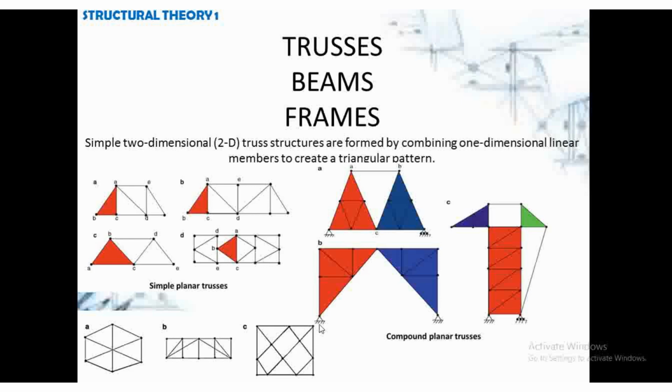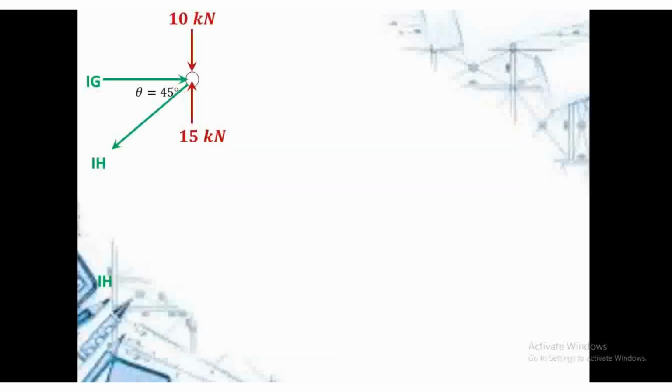Before I discuss with you the common methods used in the analysis of trusses, I would just like to go back to the discussion during your physics and statics of rigid bodies, especially regarding vectors, magnitude, and direction. Let's take, for example, this figure.